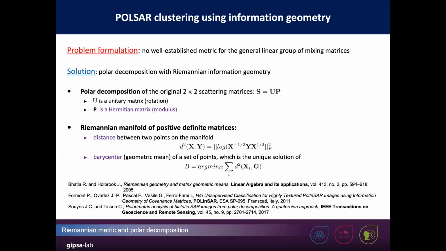Due to that, we are able to compute the distance between two points on this manifold according to this formula, and also, by taking the geometrical mean over a set of points belonging, for example, to one class or to one local neighborhood, we can compute the associated barycenter. And this computation is unique. The solution of this is unique.